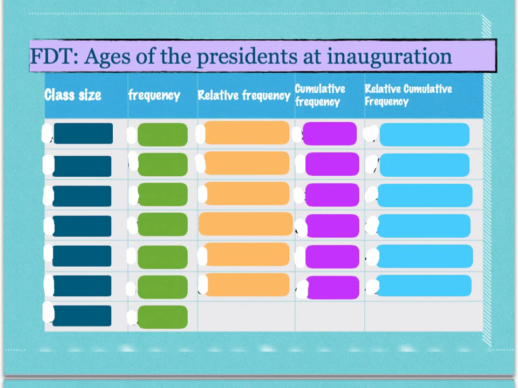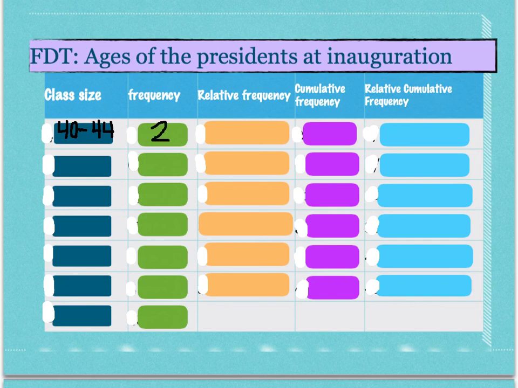Okay, so here is our frequency distribution table. And looking back at the fifth slide that has our data on it, the name of the president and the age, we're going to start constructing this table. So my first class, as we discussed, is going to be from 40 to 44. And within that range of ages, I have 2 presidents.